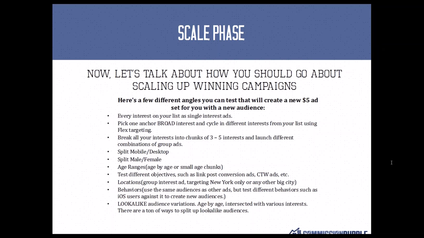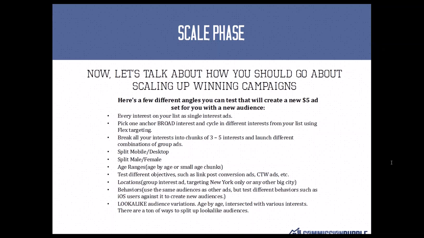Locations. You do a big group interest ad with a big group of buyer heavy interests, and target New York or any other big city. That's another reason to launch another $5 asset. You just launch those in all the big cities, and that's pulling out another chunk.